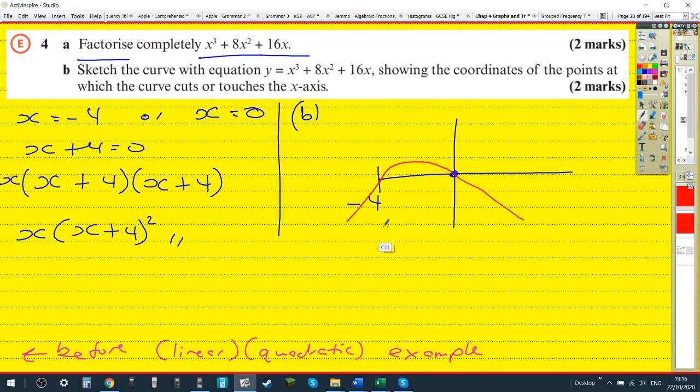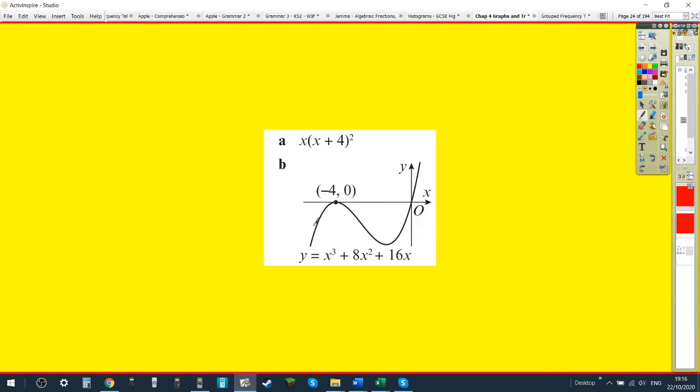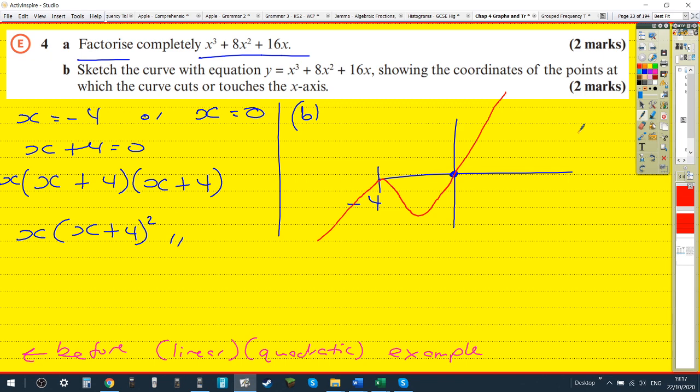The minus 4 solution came from x plus 4, which is squared. What happens when it's squared? It bounces back up. Yeah, so it bounces off that at minus 4, 0, and then it comes back. Yeah, great. And it's kind of a special case as well because it's a squared bracket.